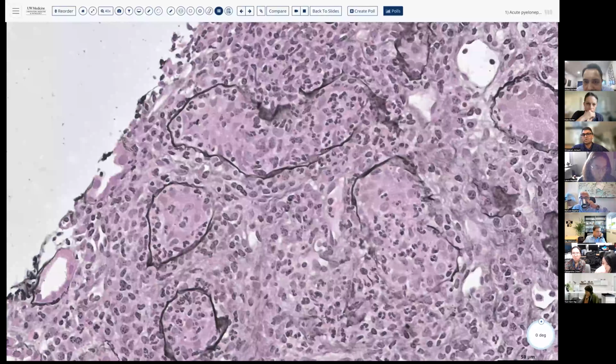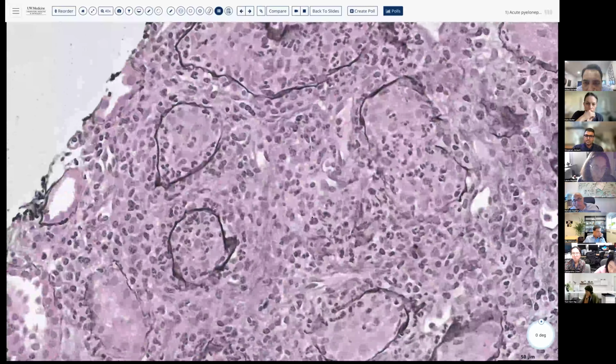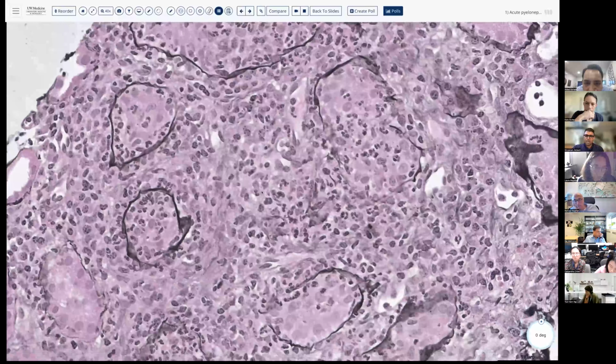So here we have tubulitis, but in contrast to the rejection type of tubulitis we see in transplants, here the mononuclear cell is present, but neutrophils are really prominent, which invokes a different kind of thinking in terms of the differential for us. Now, this inflammation is really pronounced in this area.